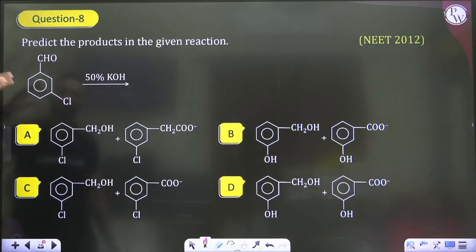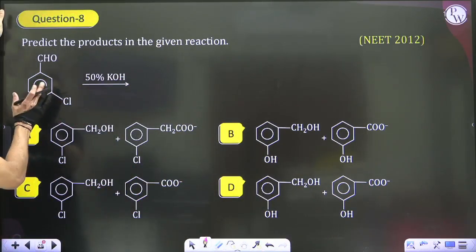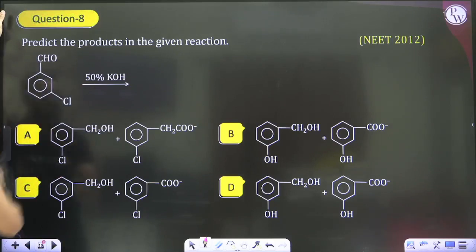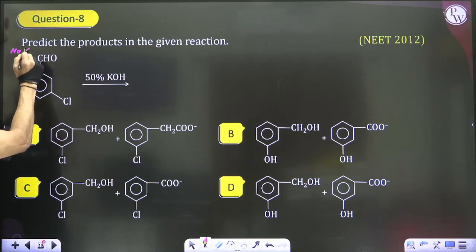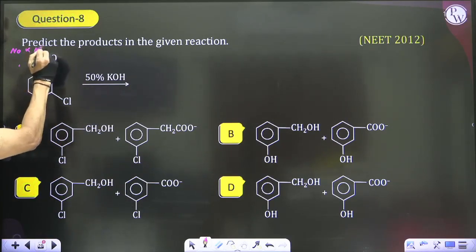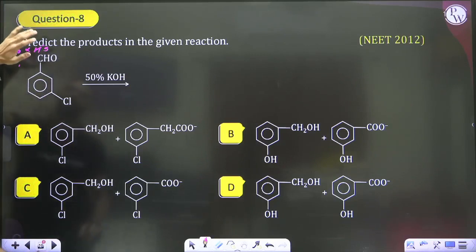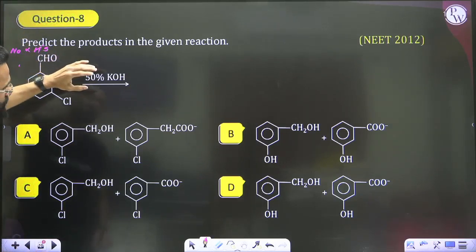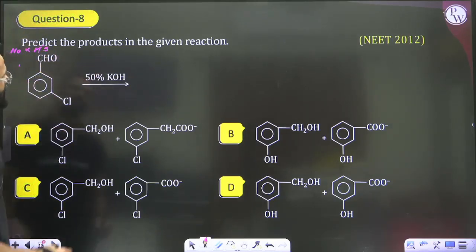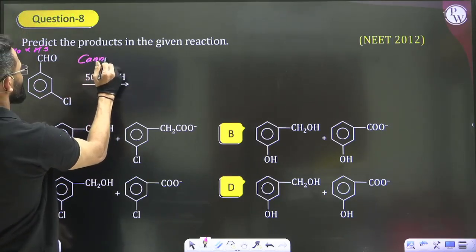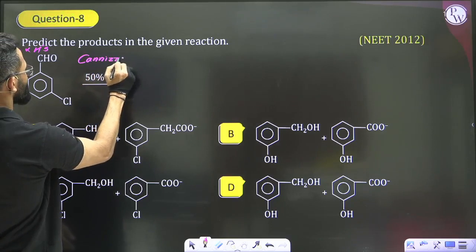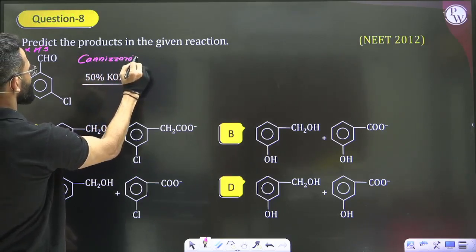How do we identify which reaction it is? Well, you have to look for the substrate. The substrate given is benzaldehyde carrying chlorine at meta position. So benzaldehyde is such a substrate which does not contain alpha hydrogen atom. When an aldehyde containing no alpha hydrogen atom is treated with 50% KOH, we know that it undergoes Cannizzaro's reaction.